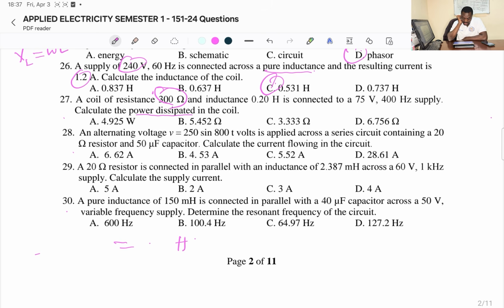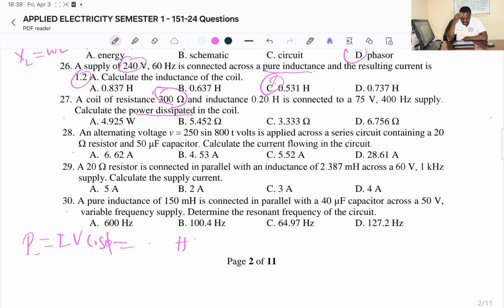So power will be equal to the current passing through the resistor times its voltage, right? And since we are having an inductor, we have to add the cosine of the phase angle, right?